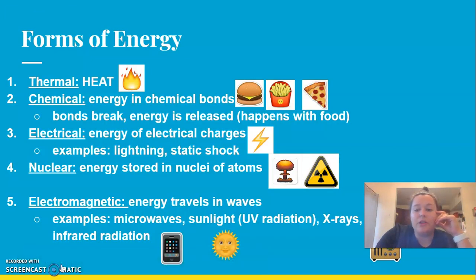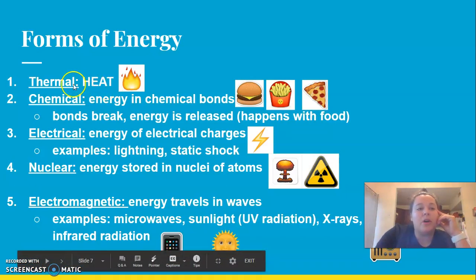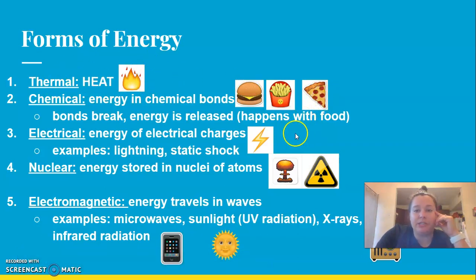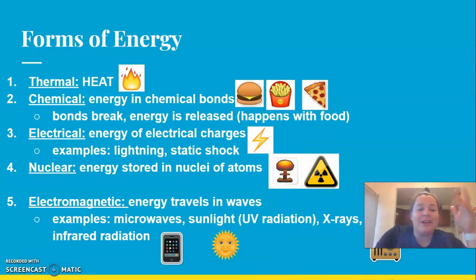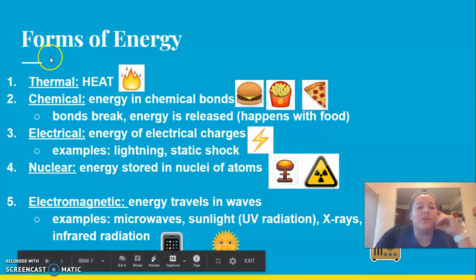All right, so there are other forms of energy that I want to go over with you. Heat, we call that thermal energy. If you look beside each of the definitions here, I tried to find a cute emoji or a picture to help you remember what it is. So thermal is energy, or you can think of it as fire energy.